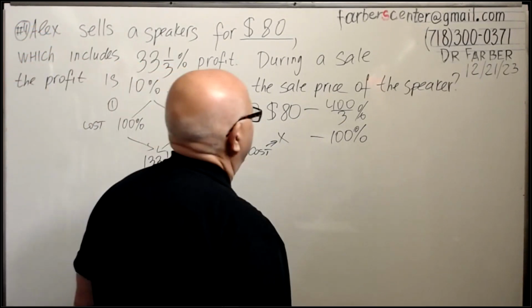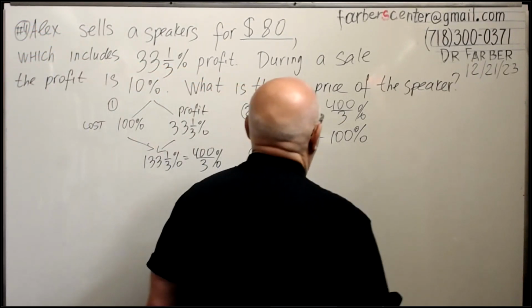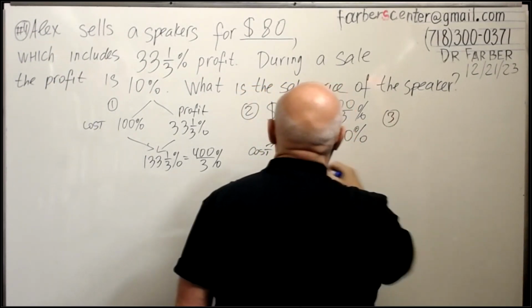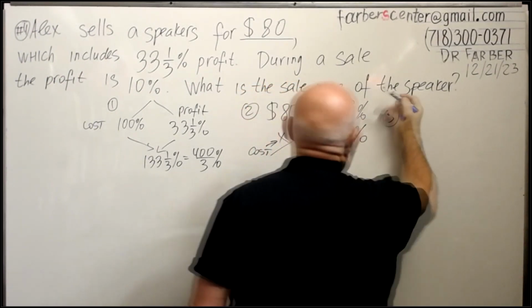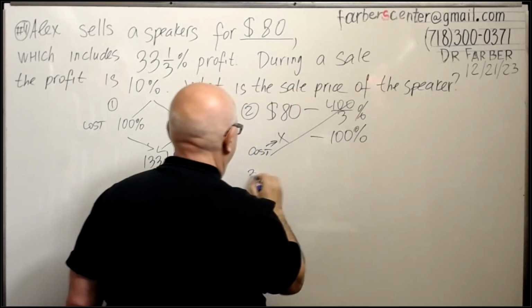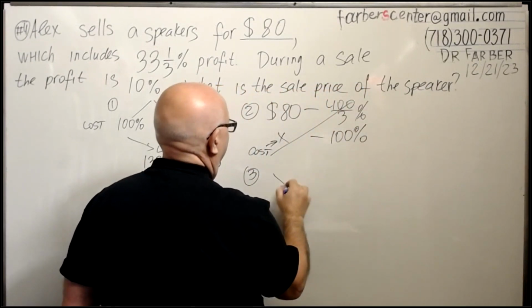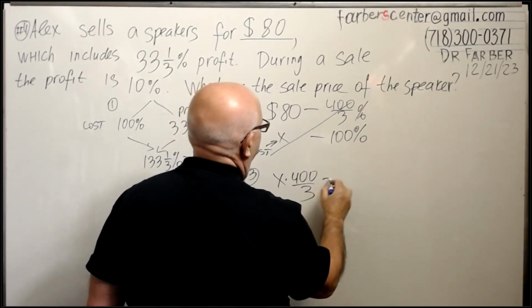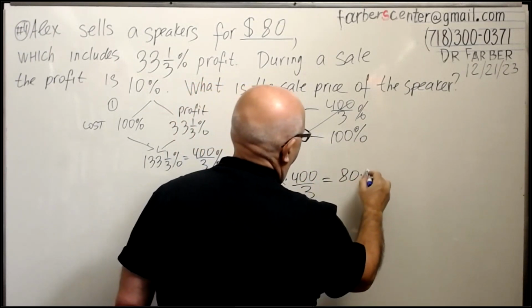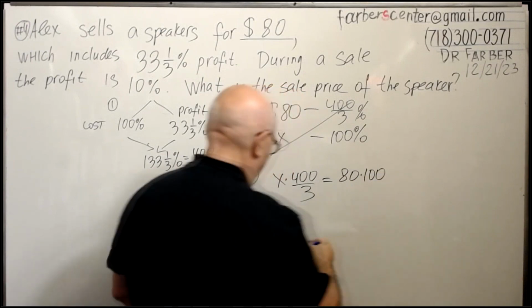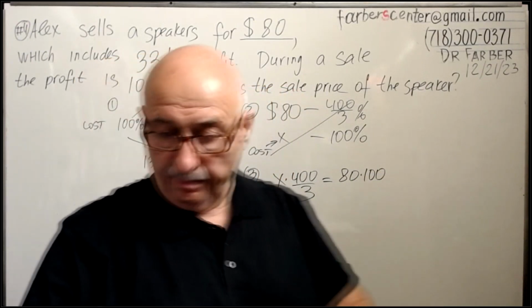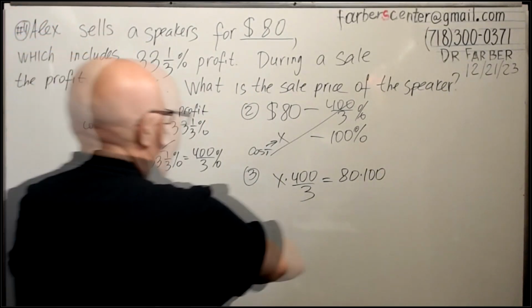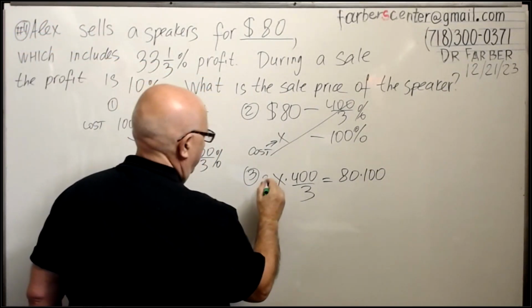Now, step number 3. X times 400/3 equals 80 times 100. I take a different color, multiply by 3 over 400.